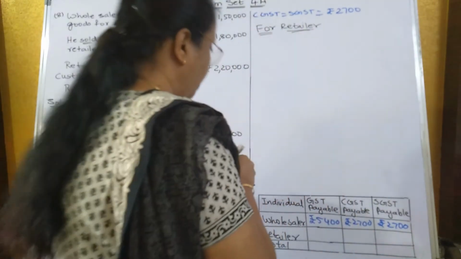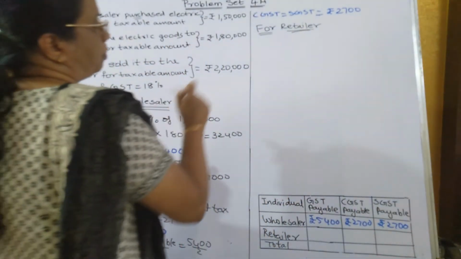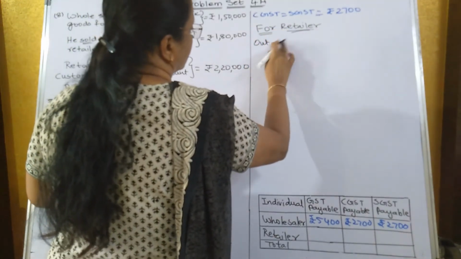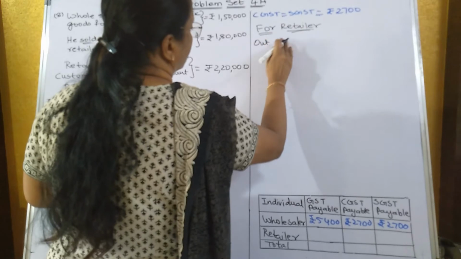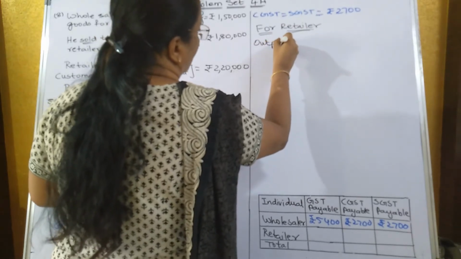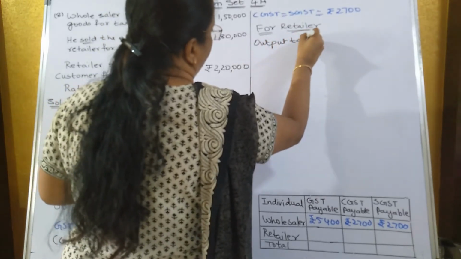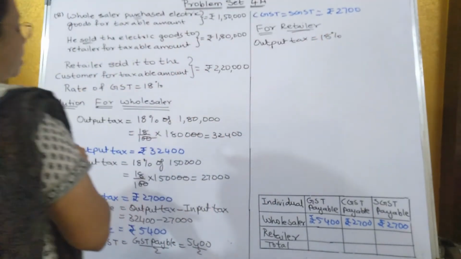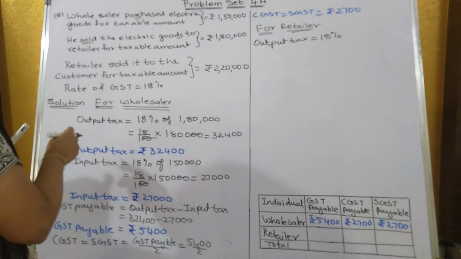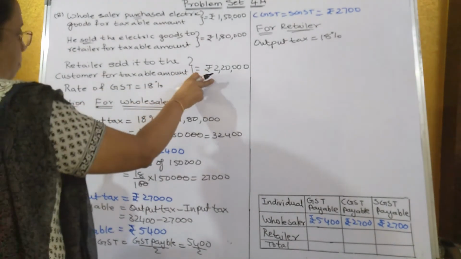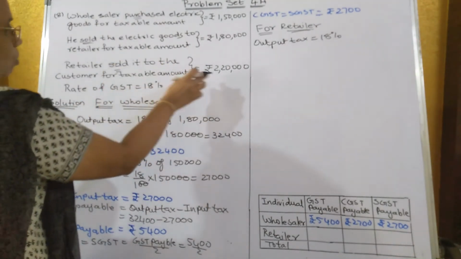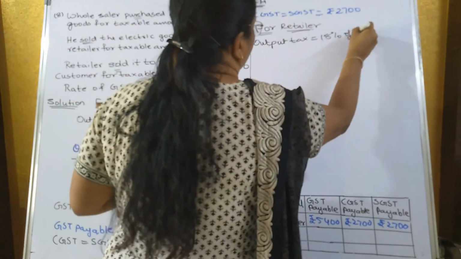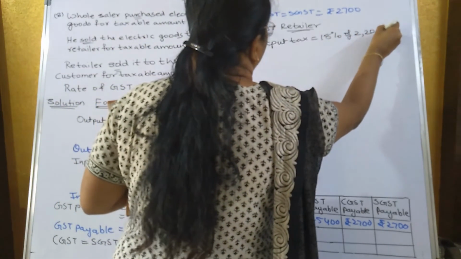2,700. Now for retailer, the output tax will be equal to how much? Is equal to 18%. GST, rate of GST is same. So 18% of, at what price he sold? He sold at 2,20,000.